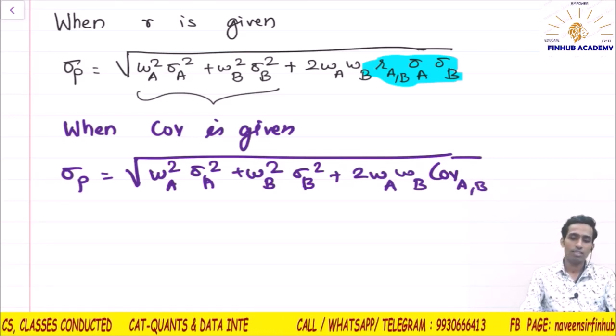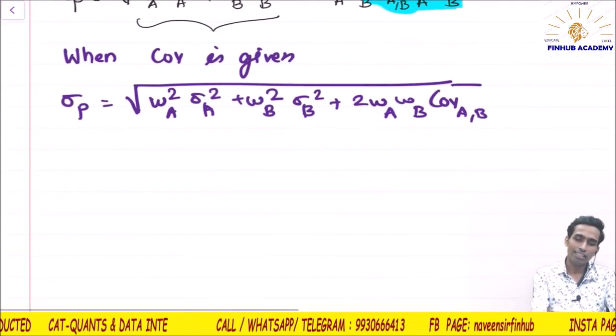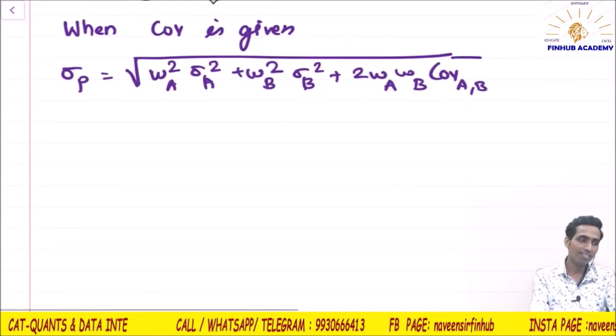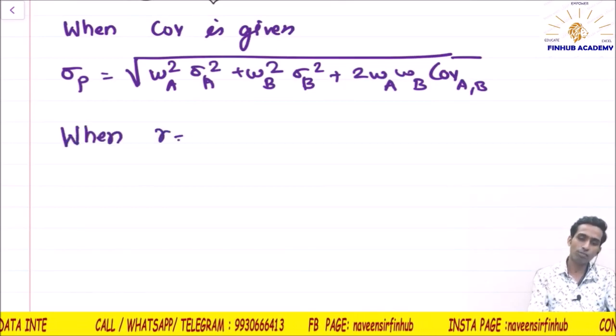Now listen, there is some maths involved. So again, let us try to make the formula. When R is given, let's say, write the heading: when R is equal to 1. Listen carefully, then you can copy.